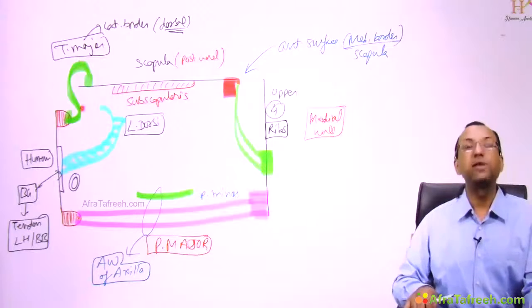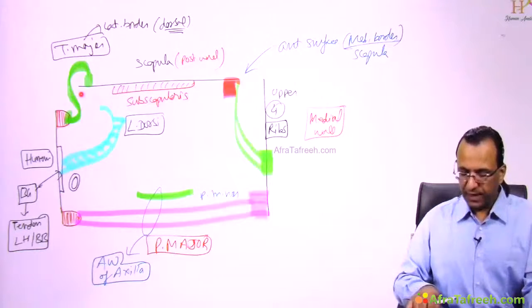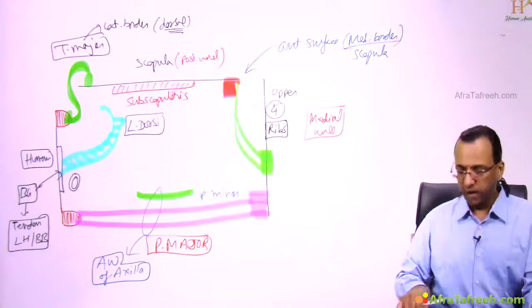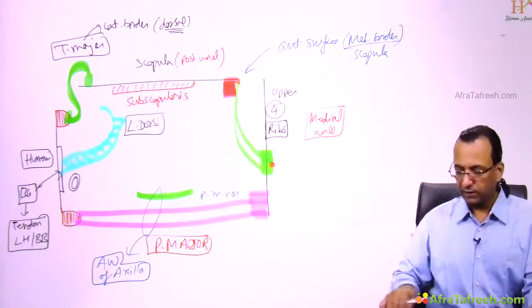There are three muscles in the posterior wall of the axilla: teres major, latissimus dorsi and subscapularis. And what are the two muscles in the anterior wall? Pectoralis major and minor, and one muscle in the medial wall, that is the serratus anterior.